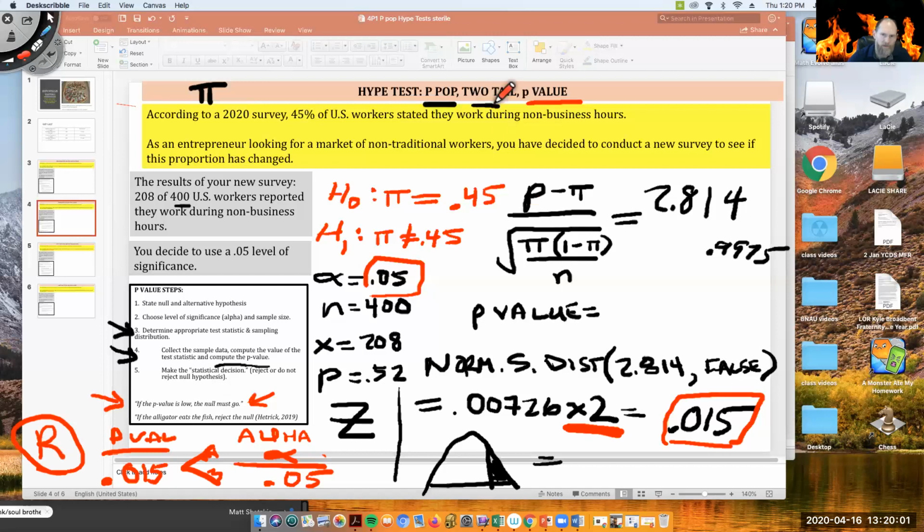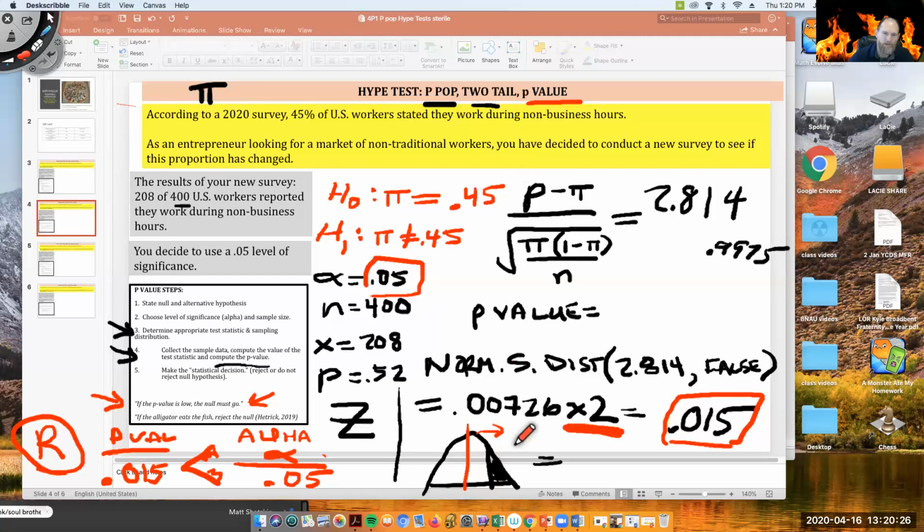Now, in terms of the two-tail, my population proportion has shifted to the right because my test statistic is so far out here to the right. But why stop there? I could do a one-tailed test.